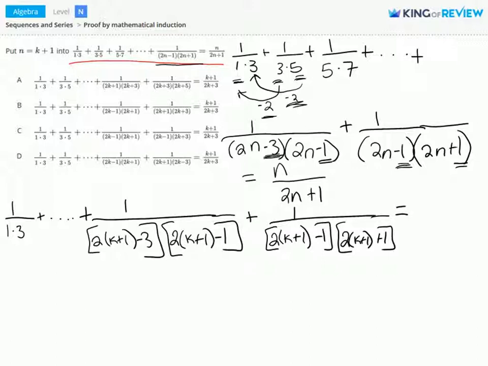And again, we substitute the k plus 1 for n. So we have k plus 1 over 2 times k plus 1 plus 1.